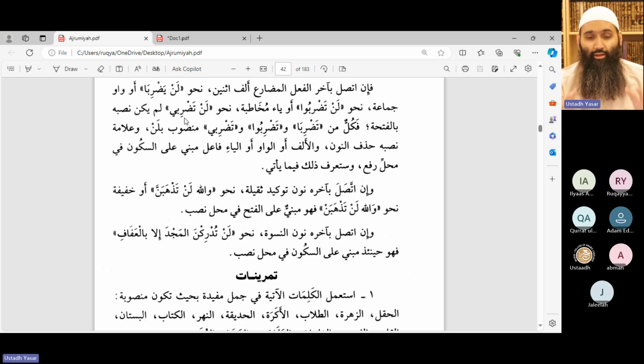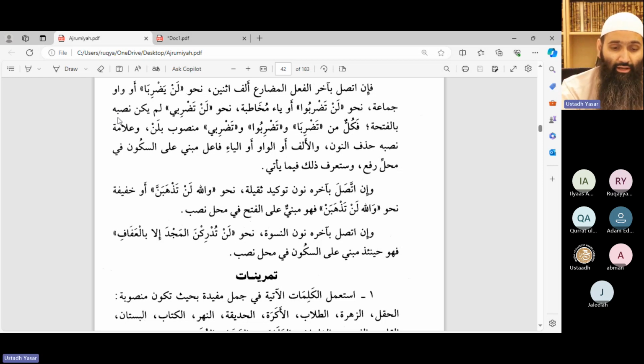Okay, so in these 3 scenarios where fi'l mudari at the end has alif اثنين or واو جماعة or ياء مخاطبة, لم يكن نصبه بالفتحة. Here the nasb cannot be with fatha. Remember, at the moment we're looking at situations in which al-fatha is the alamat al-nasb.